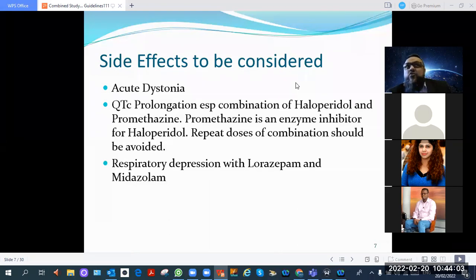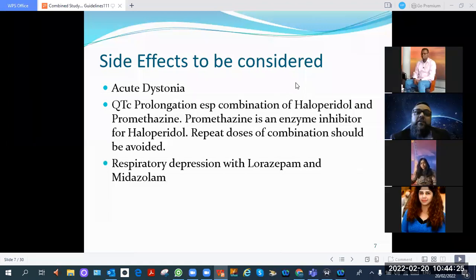If the ECG is showing 410, 420, then you can go ahead with the combination. If the ECG is already 440, then I would use lorazepam plus haloperidol, not promethazine. That is your answer to the QTc prolongation issue. Otherwise, we can use it.